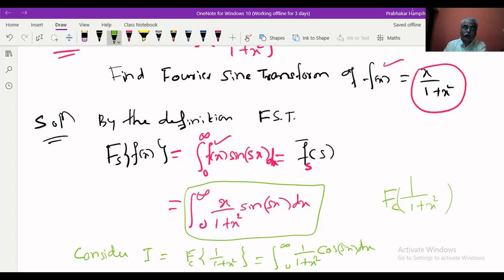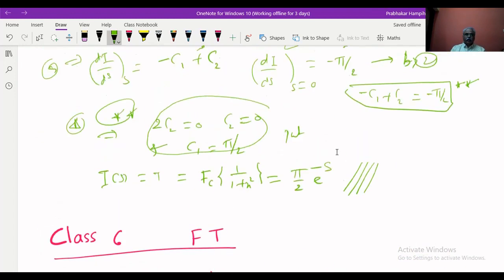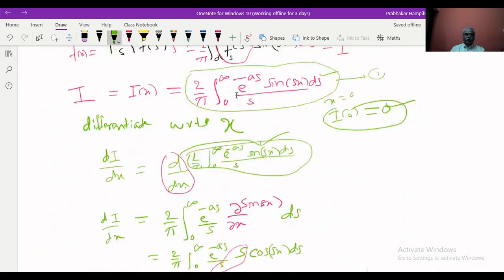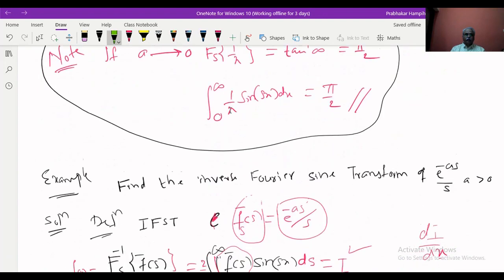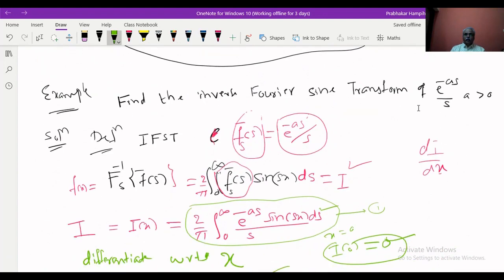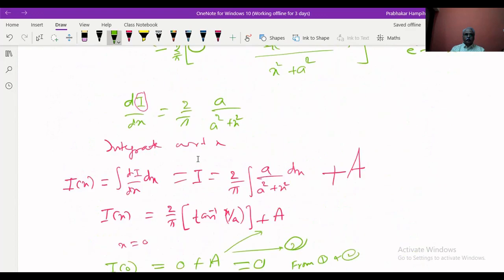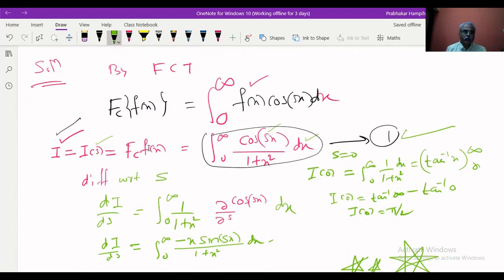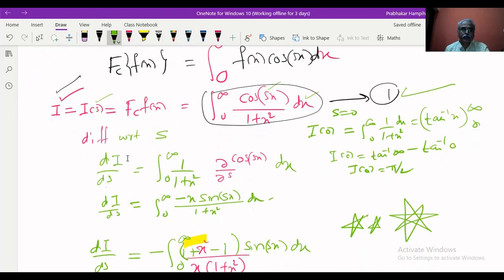Then you have to go on writing exactly what the previous example is. Same thing, very much same. Find the Fourier cosine transform of 1 by 1 plus x square. Go on writing the same thing till the end, I equal to this, and as you cannot find it directly, you differentiated with respect to s and started creating differential equations.